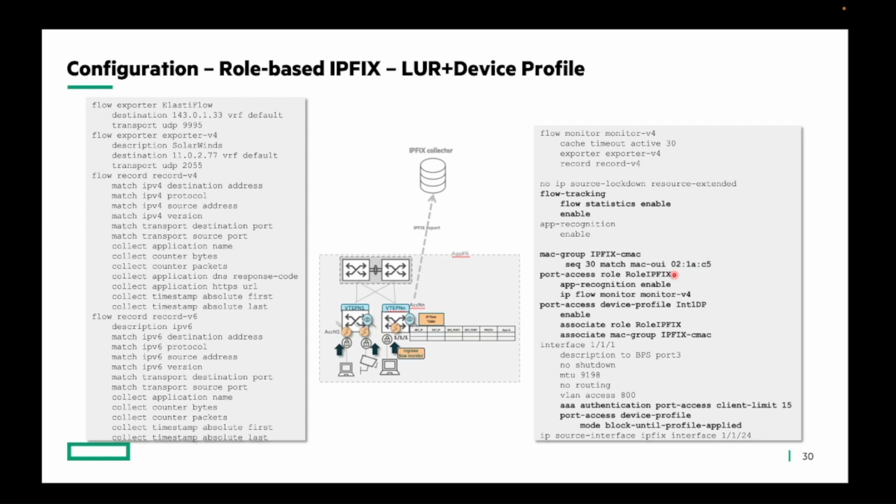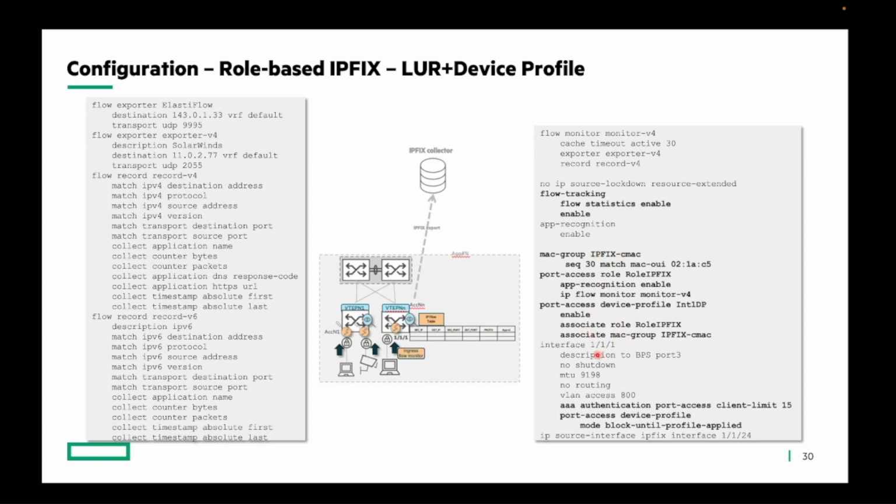So once I do that, I am also creating a port access rule, and that is where I'm defining the command IP flow monitor and this monitor name. Instead of having a role from CPPM, I'm using local user role, which is this, and then in port access device profiling, I'm enabling that and associating the particular port access role and associating the MAC group.